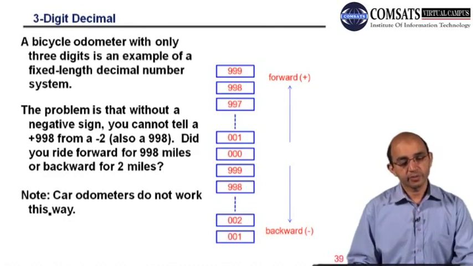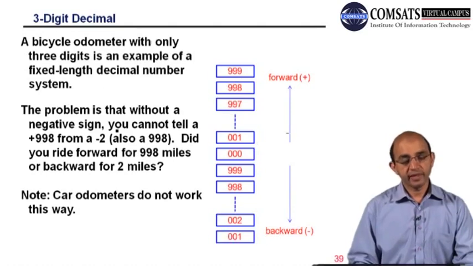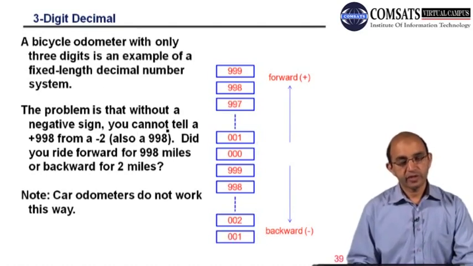So let's talk about an example. We have a 3-digit decimal representation, right? And we will talk about the odometer, that we normally have in a bicycle, right? Here you can see that we don't have the negative sign, right? So we cannot tell plus 998 from minus 2, right?